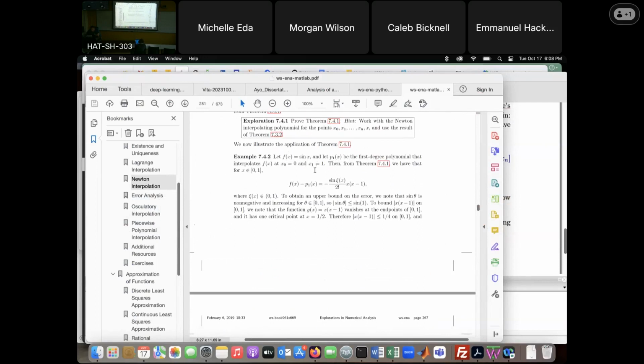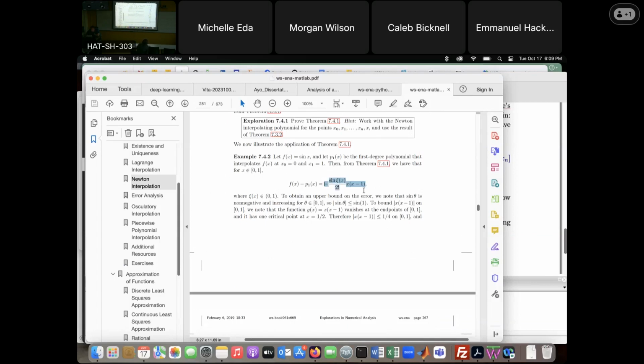So the error formula from the theorem would involve the second derivative of sine, which is minus sine, evaluated at squiggly, over 2 factorial, times x minus 0, because 0 is an interpolation point, times x minus 1, the other interpolation point.